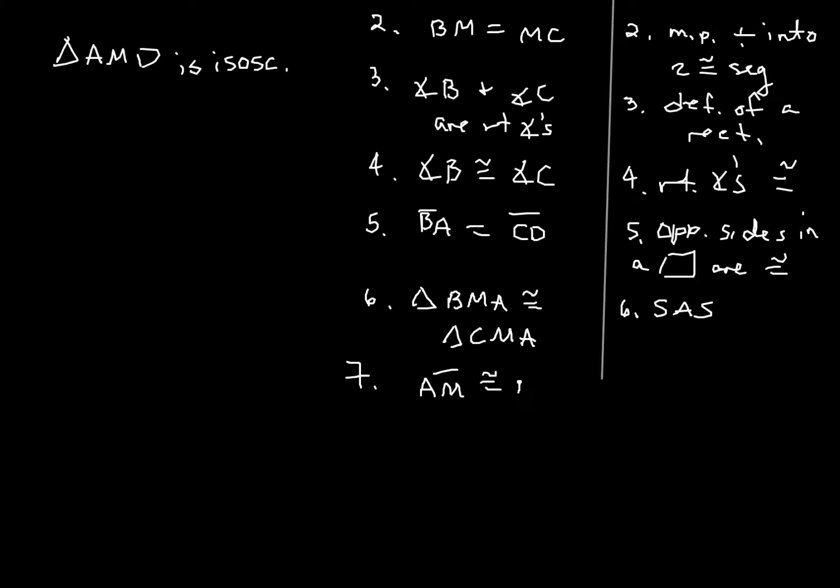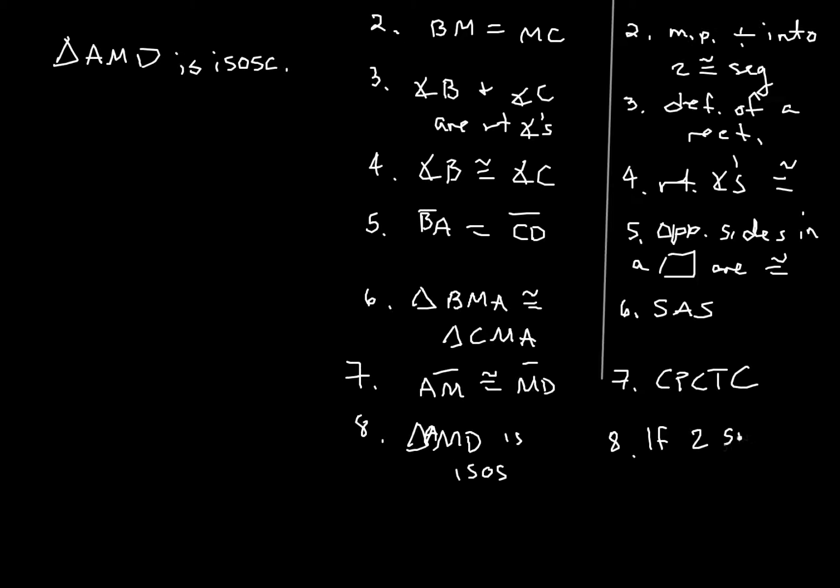AM is congruent to MD, and that would be by CPCTC. And finally, we can say triangle AMD is isosceles if two sides of a triangle are congruent, then isosceles.